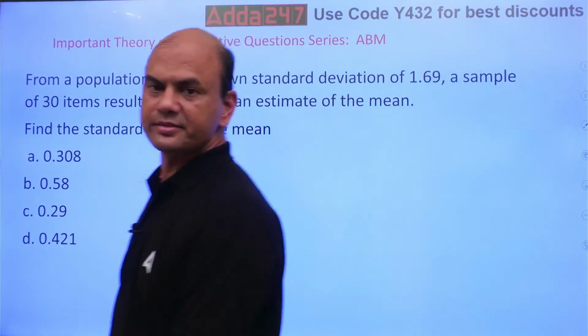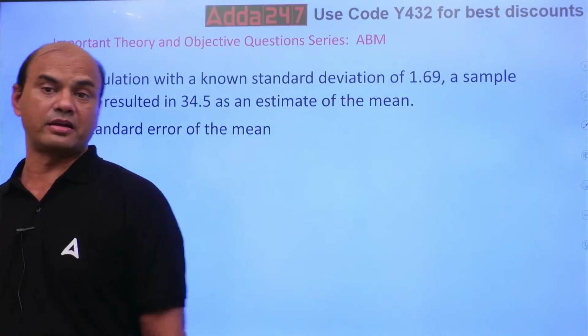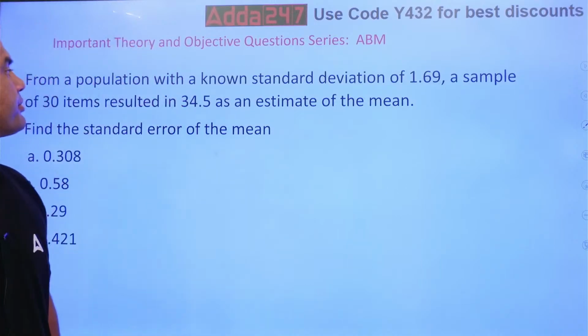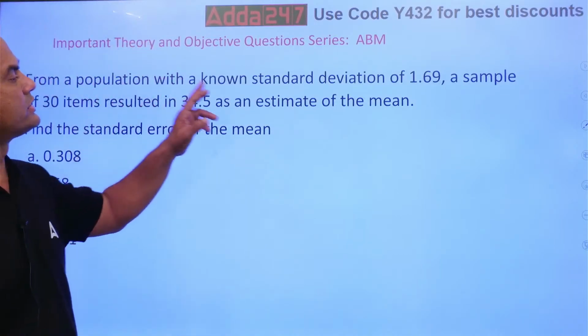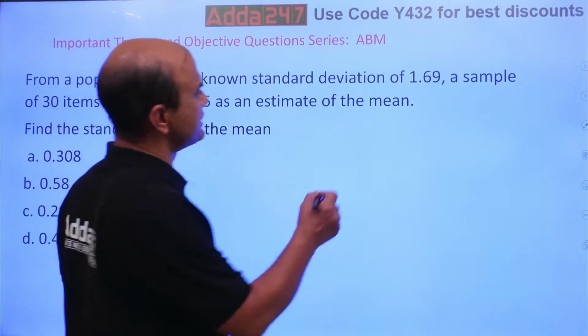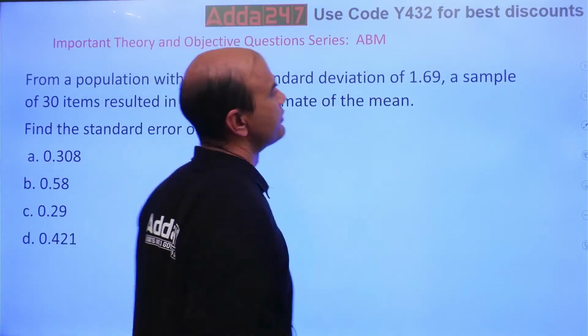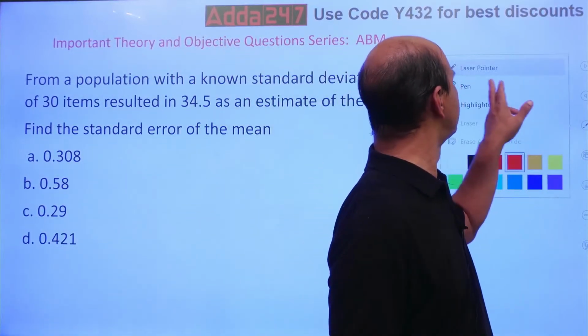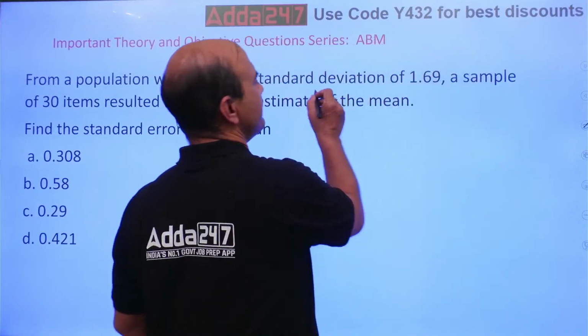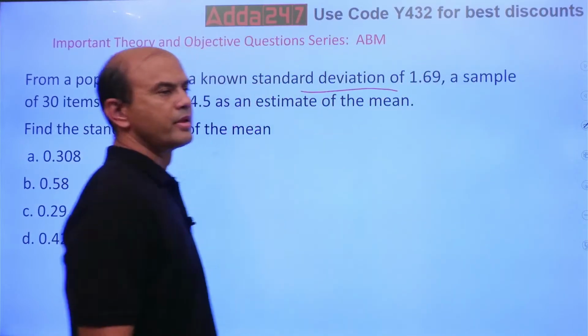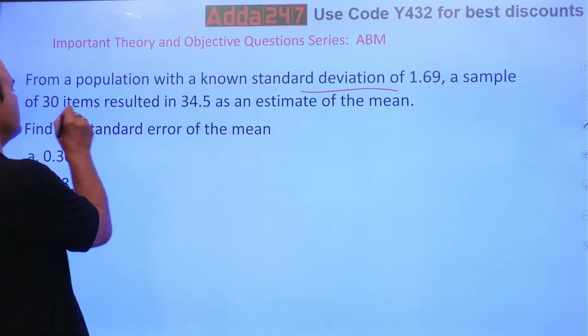Now you try this. The population standard deviation is known. The sample size n is known, 30.